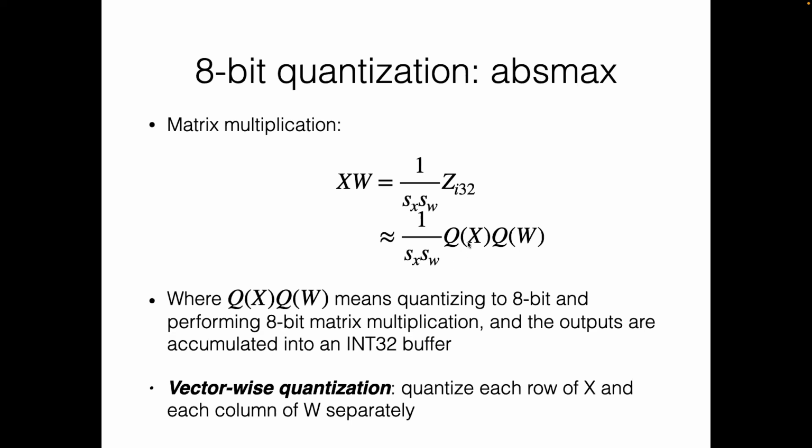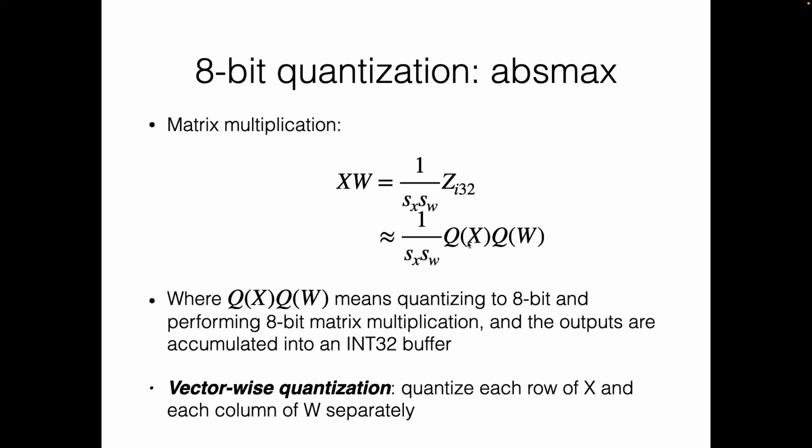Now, there's one other thing you could do, and I'm going over this kind of quickly, but you could think about matrices, and the way that you do matrix multiplication. It basically comes down to a bunch of row times column, and then you take the dot product and add together. So you can actually separately quantize each row of the input matrix and each column of the output matrix.